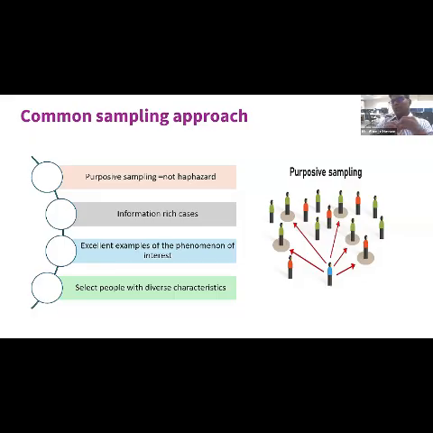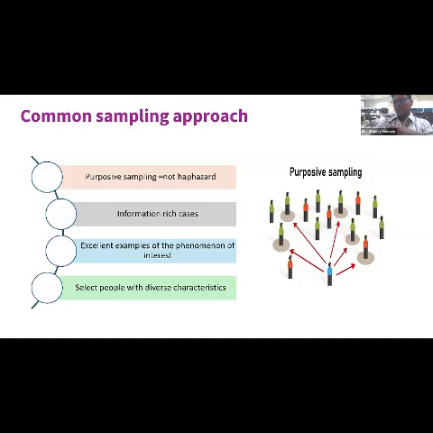For example, if I want to understand the HIV risk of a female sex partner of an HIV positive injecting drug user, I have to select someone who has an HIV positive male partner and whose partner does not know about her HIV positive status.